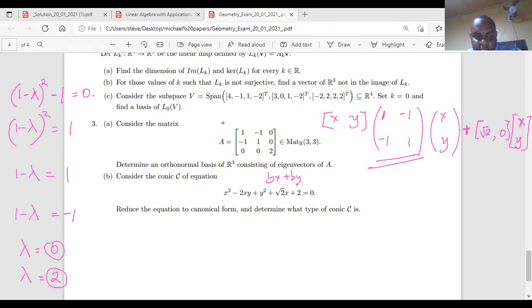Eigenvectors associated with that: when lambda is 0, we have the eigenvector (1, 1), and when lambda is 2, we get the eigenvector (1, -1).